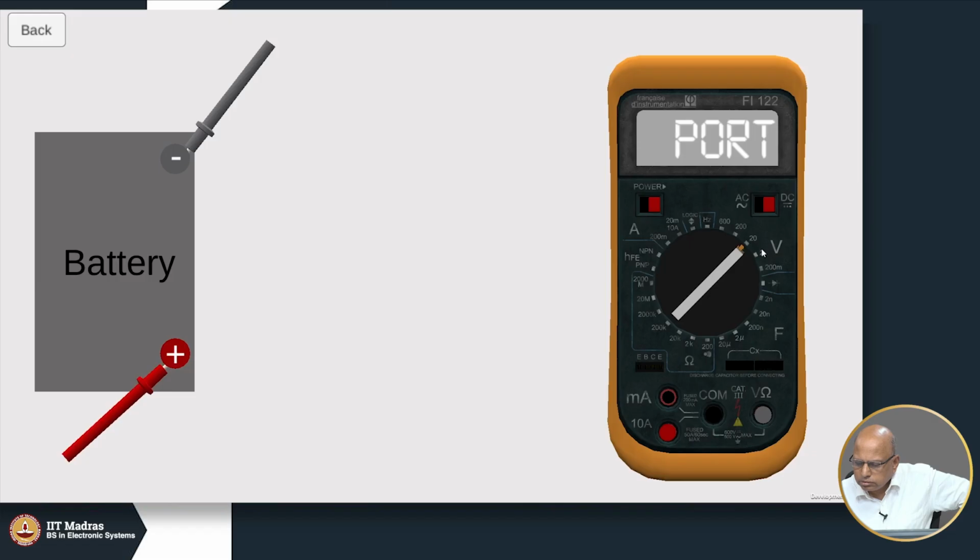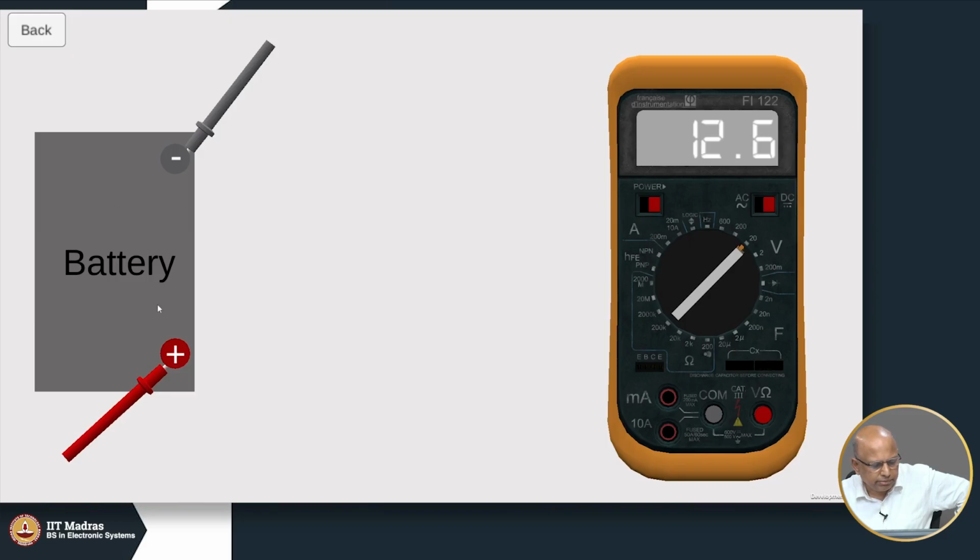Actually, the common port should be, this is the common port and this should be plus. Now, it will measure it as a positive. So, it is measuring the voltage as 12.6 volts.